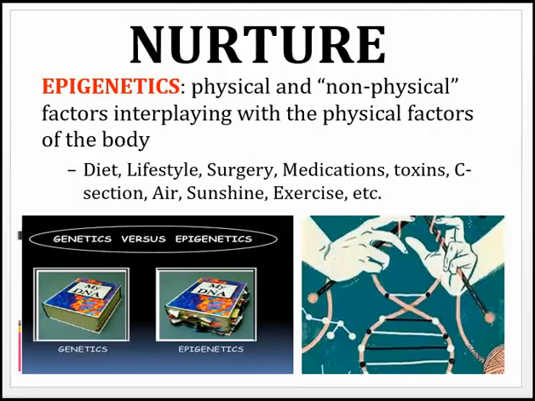So this would be like diet and lifestyle, whether or not the person's had surgeries in the past, the medications that they're taking, toxins that they've been exposed to, air and sunshine, exercise, etc., all the things that we would typically think about. And yes, the scientific community does, in some ways, regard non-physical factors as having some interplay into how a person develops, but really the emphasis is mostly on these physical attributes.